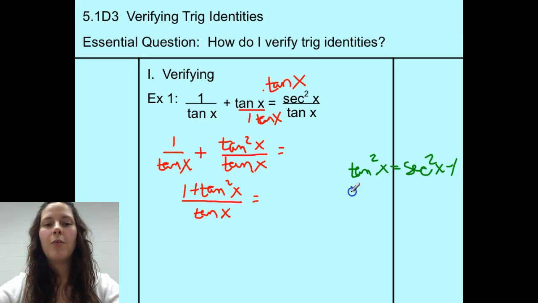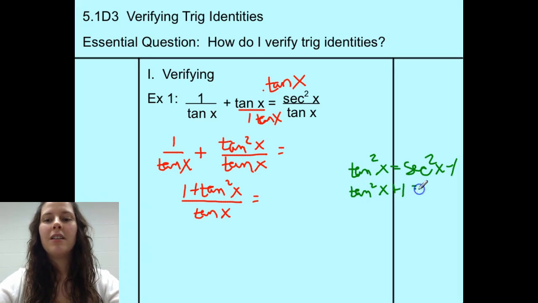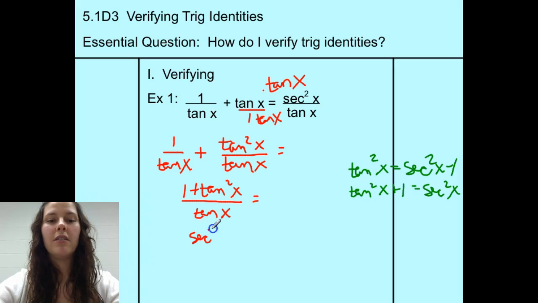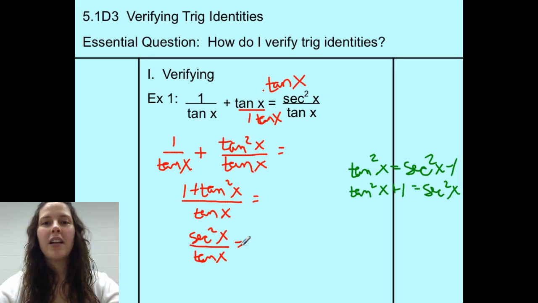So if we add 1 to both sides, we get tangent squared plus 1 equals secant squared. Back to our equation, I'm going to replace that 1 plus tangent squared with secant squared. So we have secant squared over tangent, which equals the right-hand side of our trig identity.